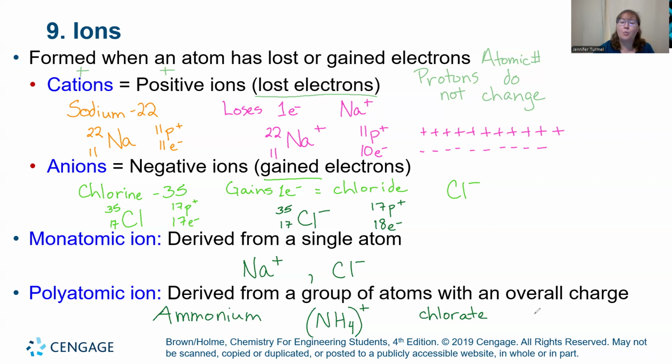Chlorate has one chlorine and three oxygens, and the whole thing together has a 1- charge on it. So those are some examples of how you would form these, and we're going to talk more about those molecular formulas on the next slide.